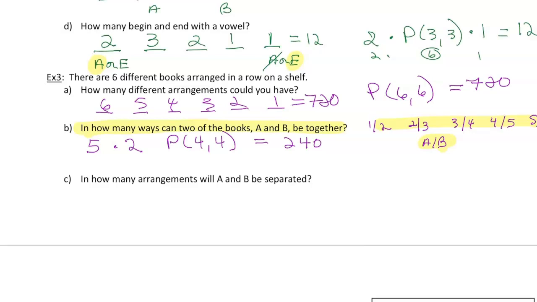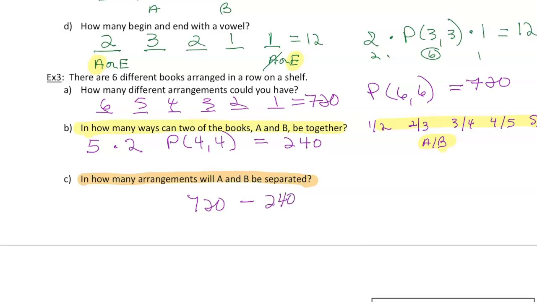This next one is also a little bit tricky. In how many ways, in how many arrangements will A and B be separated? Don't do more work. We already know that there are 720 ways to arrange these books, and there is 240 ways to have them be together.